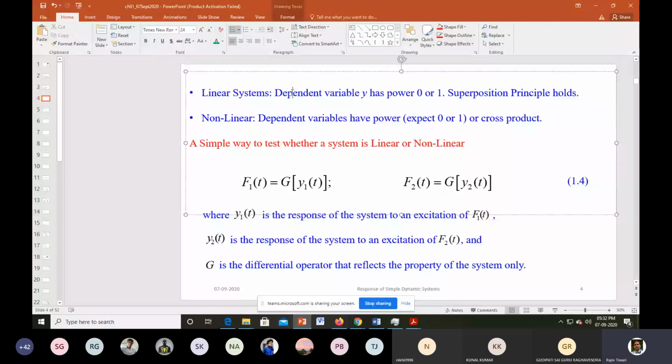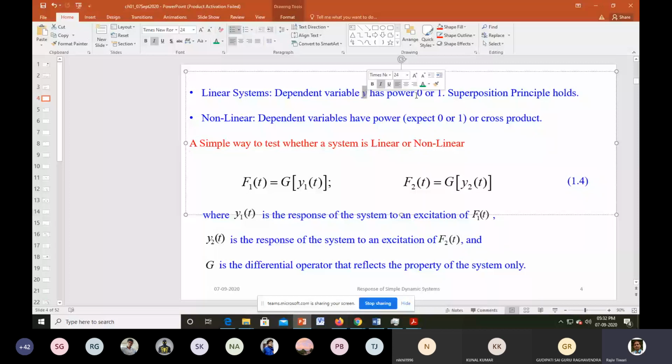Now, when we are talking about systems, some of you already asked whether the mass property can be time dependent or the stiffness can be time dependent. There are two broad ways of classifying a system: one is the linear system and another is the nonlinear system. In a linear system, the dependent variable y, which is displacement, will have power of 0 or 1.